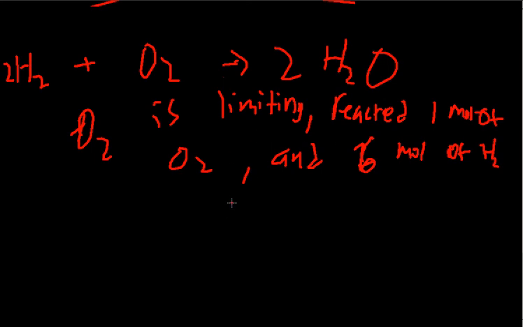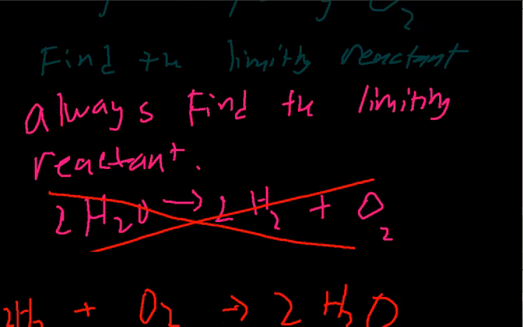So we reacted 1 mole of oxygen and 6 moles of hydrogen. Therefore, oxygen is clearly limiting. So we need to find out the amount of excess reactant left over after the reaction.